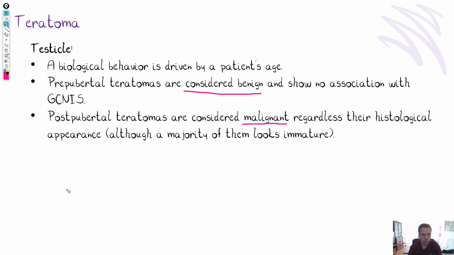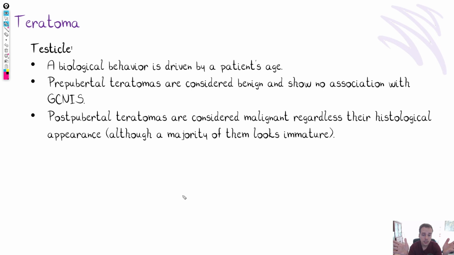So even if the tumor looks mature, it should be considered malignant. But in reality, the vast majority of prepubertal ones look mature, and the vast majority of the postpubertal ones look immature. So usually there is a concordance between the histological appearance and biological behavior.